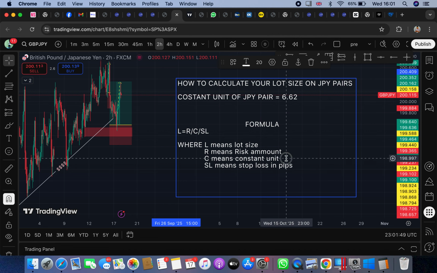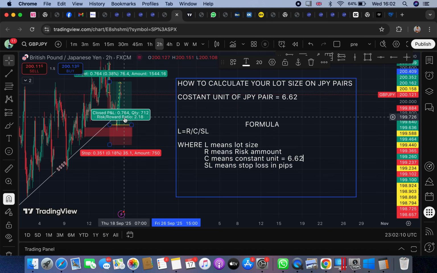Now let's put in C. C equals 6.62. SL means stop loss in pips. Where do you see your stop loss? You can see it here. Our stop loss is 35.1.